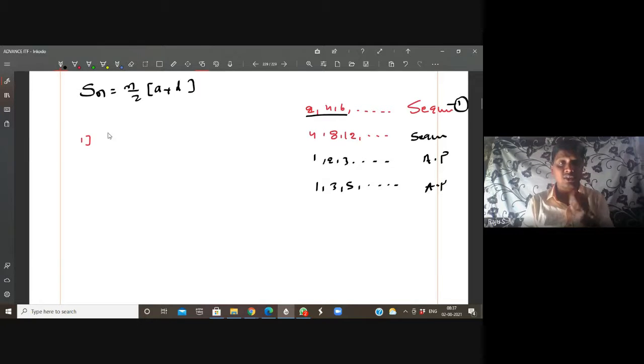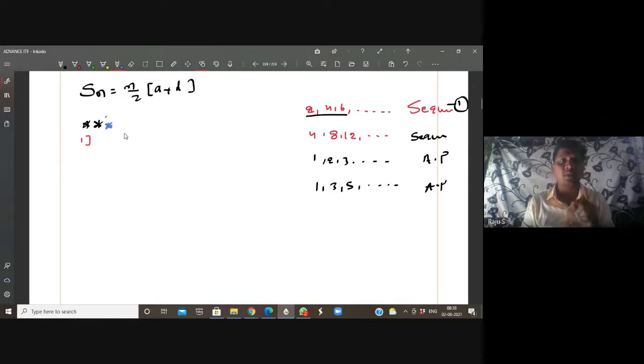I am going to tell you a very important point now. Three numbers are in AP. The question may ask in geometry or calculus or vectors or 3D, anywhere.